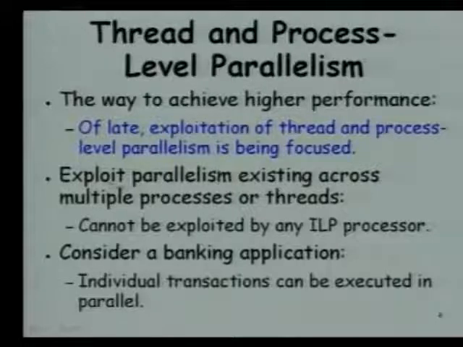Here the idea is that we exploit parallelism existing across multiple threads or processes, which cannot be exploited by any ILP processor, because the ILP simply takes the instructions that are supplied to it. It can't identify which is a thread, which is a process. It can't. It just keeps on executing the instructions.